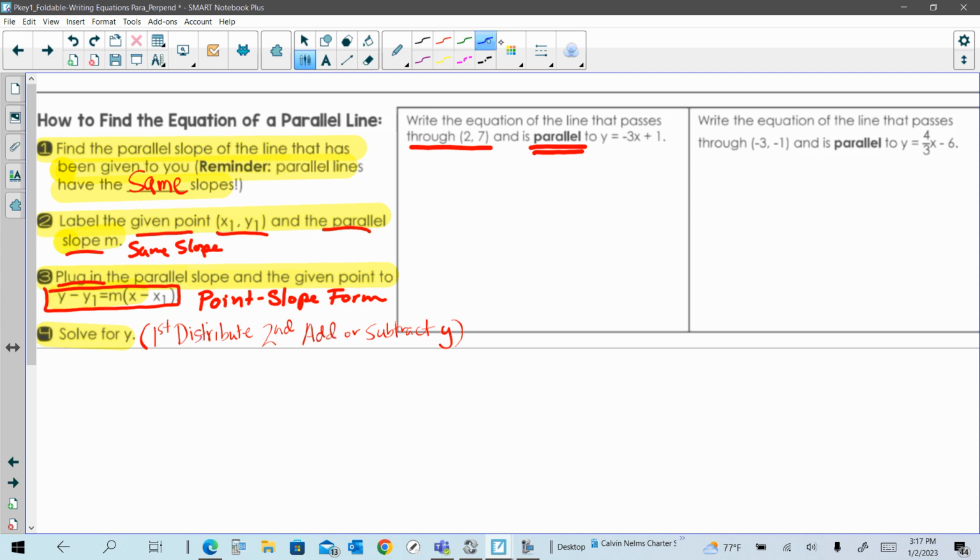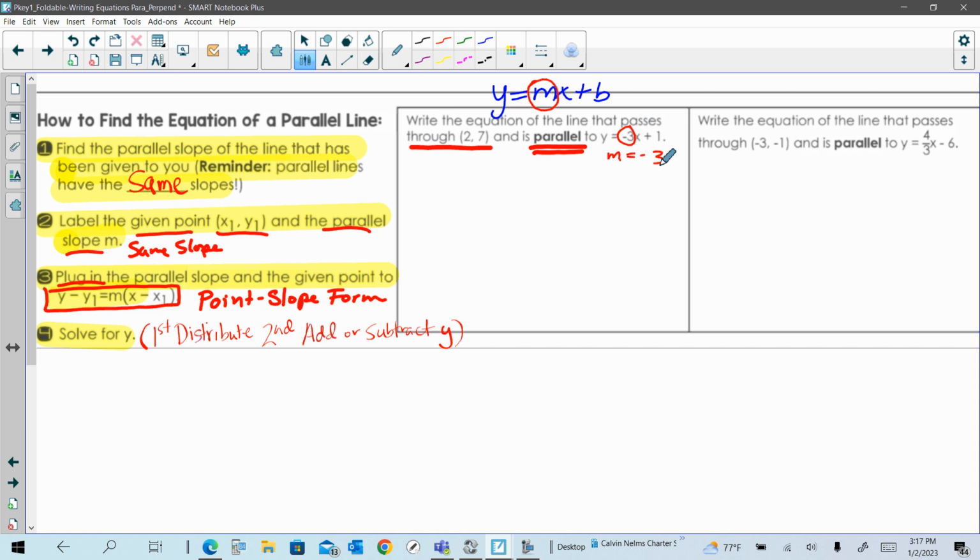So we have to remember our most important form is slope-intercept form, which is y equals mx plus b, because whatever number is in front of the x, that is our slope. So right there, I'm going to circle that slope, that number. So that means negative 3 is our m. So m here is going to equal negative 3.